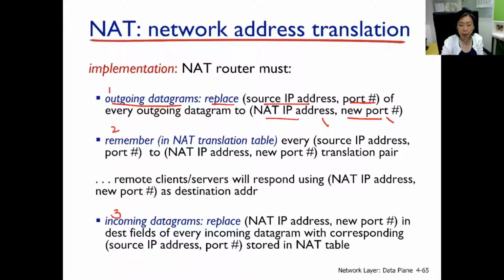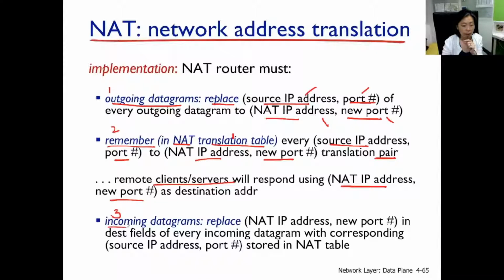And this pair is also tracked, remembered in NAT's translation table. So the source IP and the source port number, as well as the translated source IP and source port number, will be maintained as a pair in the translation table. When the remote host receives this packet and sends back a response, the destination IP address is going to be the real IP address, and the new port number.